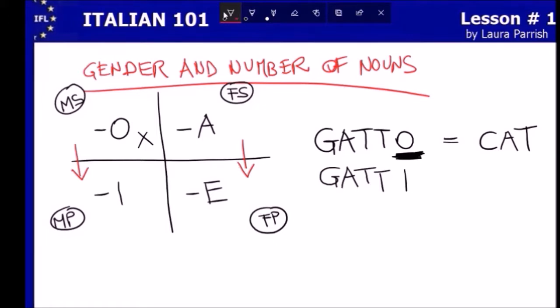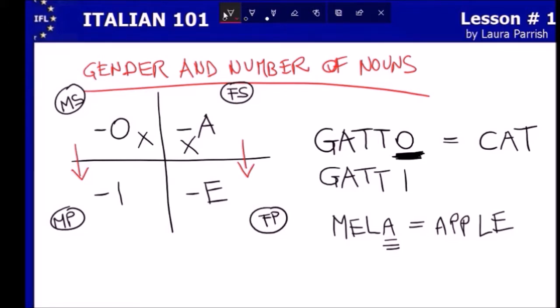Let's say another word, for example mela, that is the Italian correspondent of apple. You just look at the last letter, ending in A, so here it is feminine singular. How do we make it plural? Very simple.